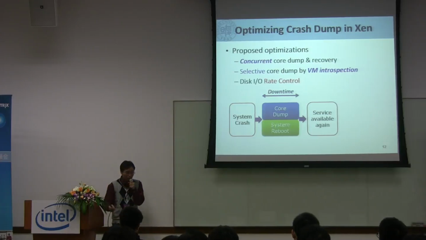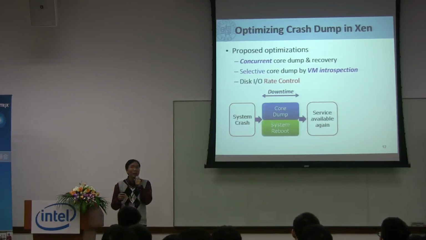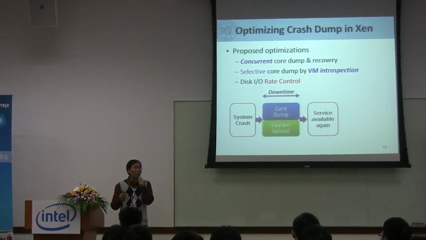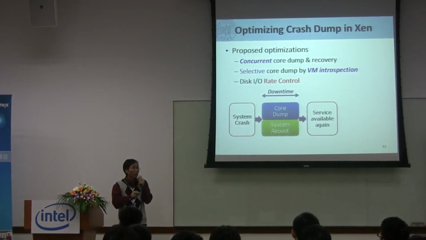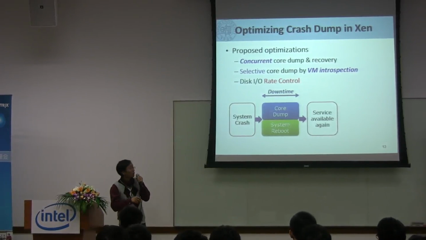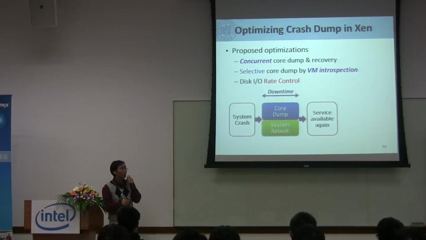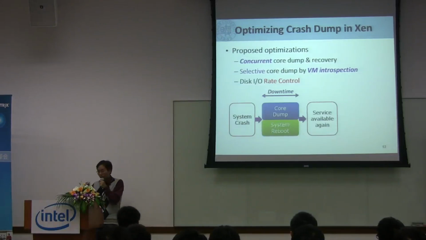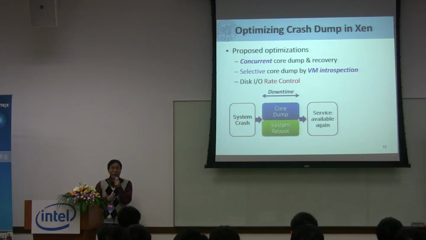As the dump of the crashed VM and the recovery VM will compete for the disk I/O bandwidth, we also provide a disk I/O rate control framework to balance the I/O bandwidth between these two virtual machines.